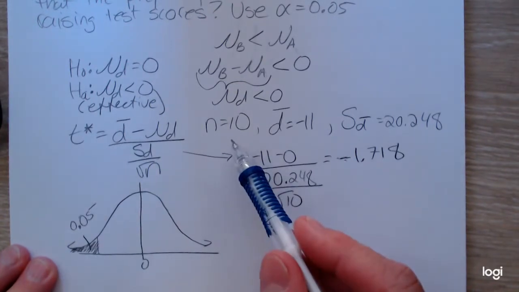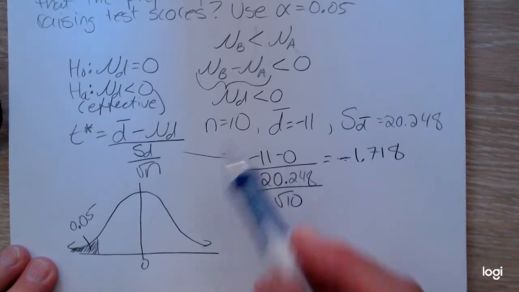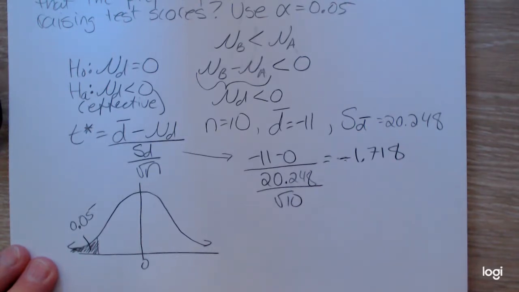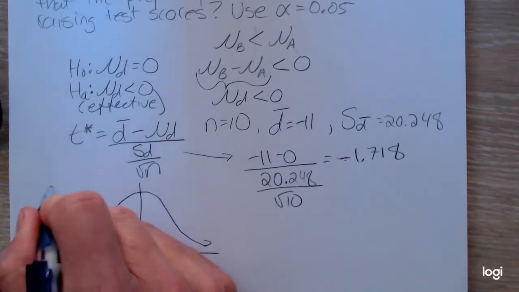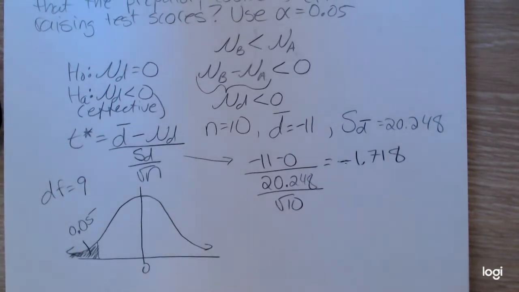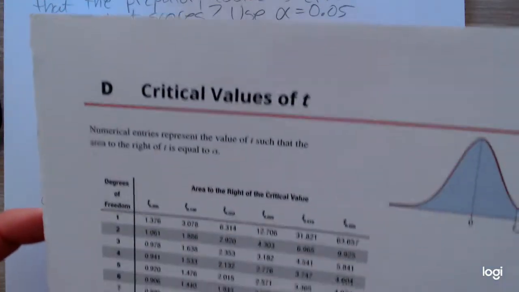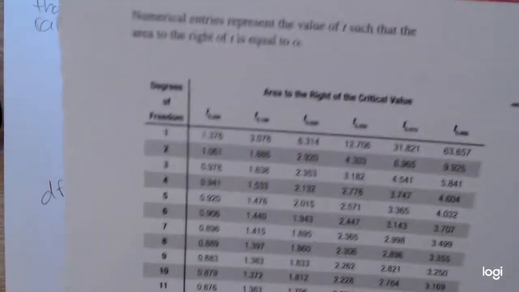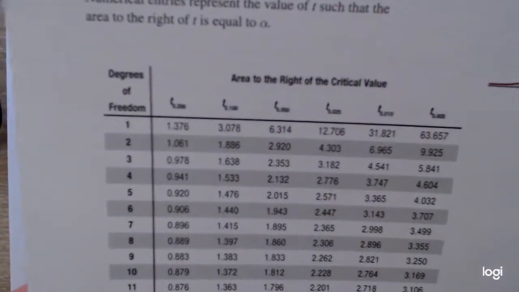And since our sample size is 10, or the number of pairs of data is 10, the degrees of freedom will be equal to 9. The t-table gives the positive values, the upper tail values, but by symmetry, the lower tail will just be the negative version of that.